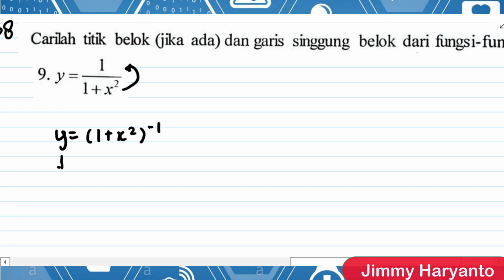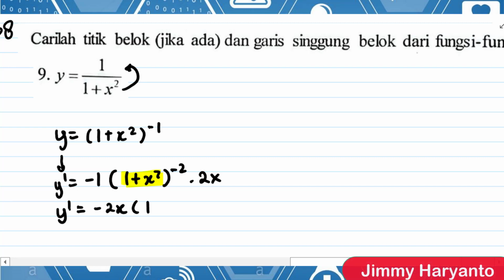So this is the y, and then after that I can find the y-accent using chain rule. I will have negative 1 times (1 plus x squared) to the power of negative 2, and then times it again with the differentiation of the inner function, which is 2x. And the value of the y-accent equals negative 2x times (1 plus x squared) to the power of negative 2.